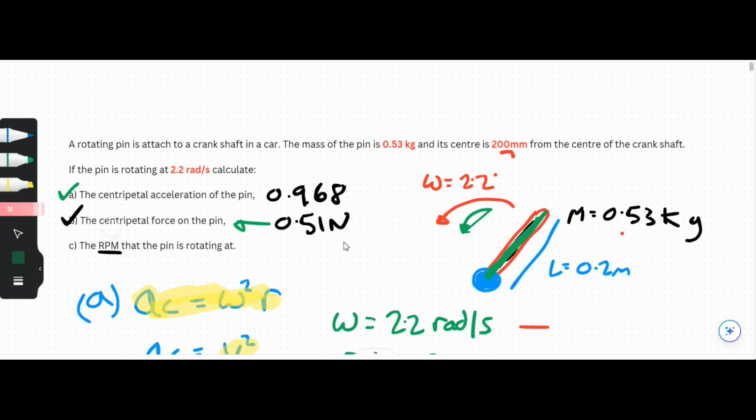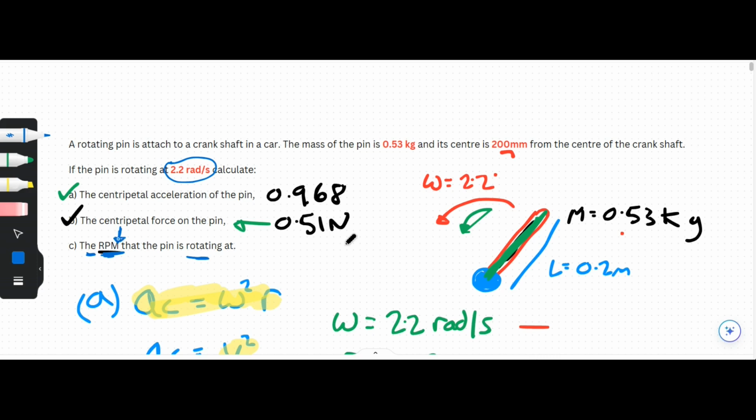So we've done part B and we've done part C. So the last bit is to work out what RPM this pin is spinning at. Well, we know it's going at 2.2 radians per second. Okay, we know that, but we want to convert that into RPM.